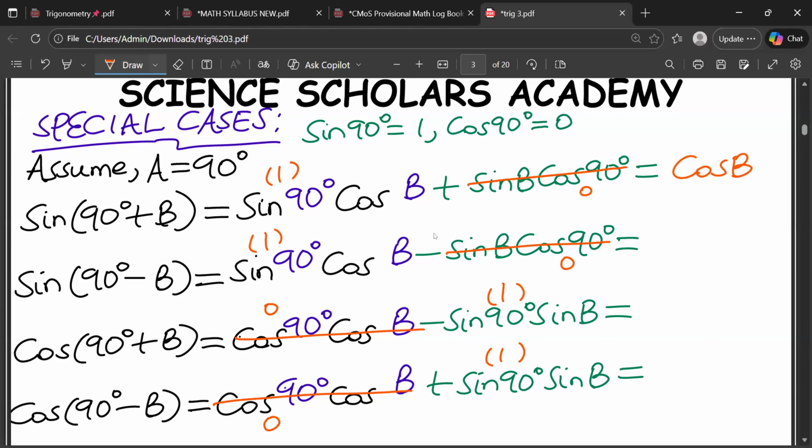Do you see that happening? Good. The next one has also reduced to cos B. Do you see this last one now reducing to negative sin B? Yes.